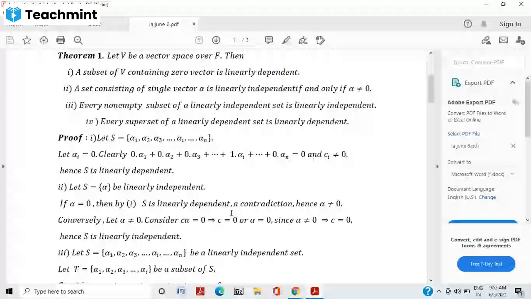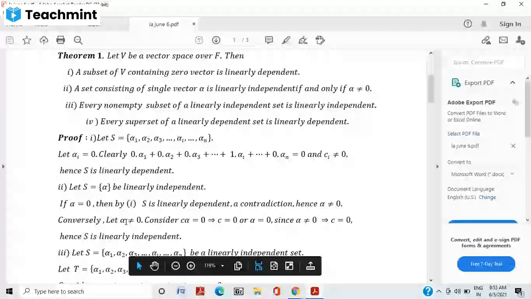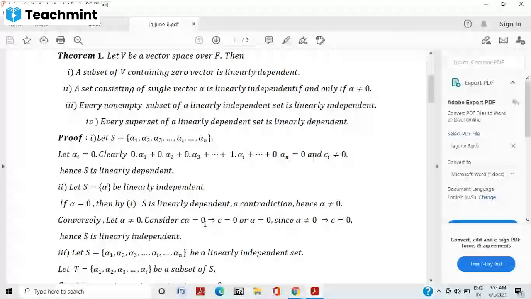Next, let alpha not equal to 0. We should prove that S is linearly independent. It contains only one vector, only alpha is there. Then what will be the linear combination? C alpha equal to 0. This condition we also proved in the first theorem: C alpha equal to 0 means either C equal to 0 or alpha equal to 0.